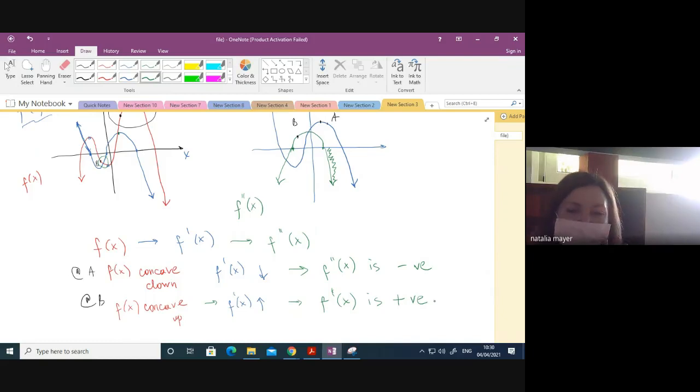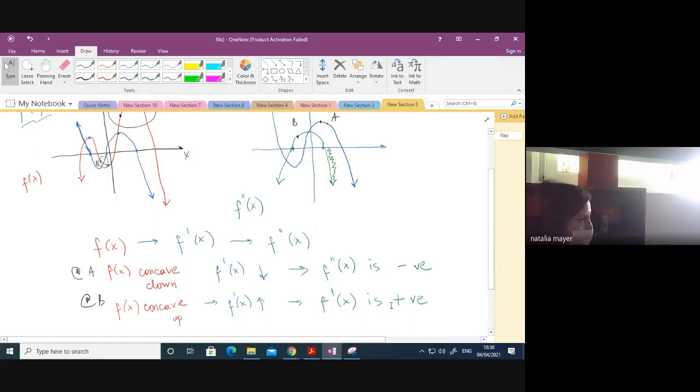Okay, guys, so the bottom line of all of this theoretically is that using the second derivative helps you to understand concavity, right? You can go both ways in this thinking.